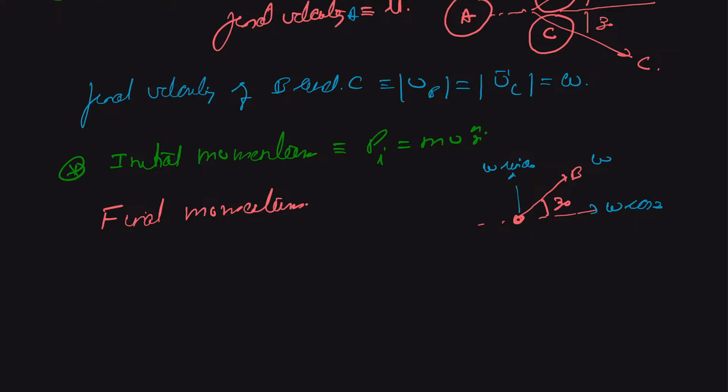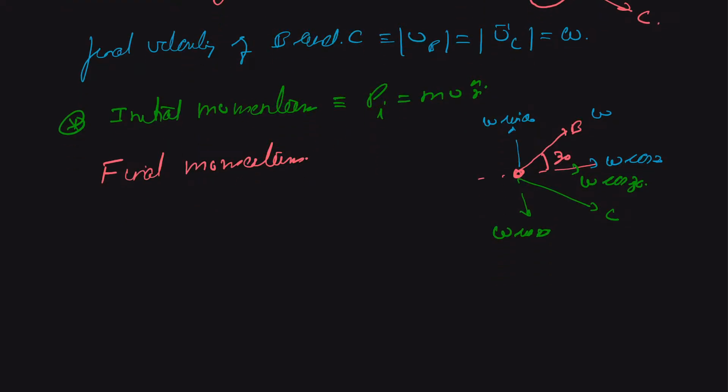Then for C, once again two components, W sin 30 and W cos 30, with the vertical component opposite.